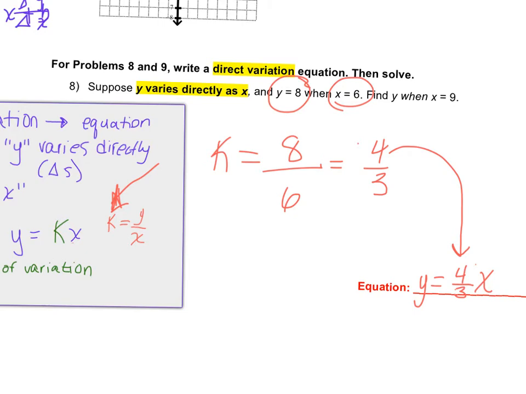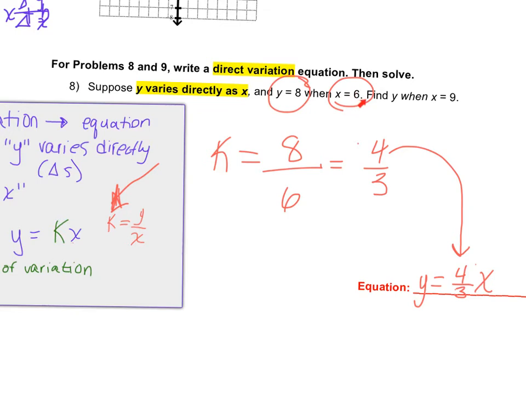They told me when y is 8, x is 6. So if y is 8 and x is 6, and k is y divided by x, then k is going to be y, which is 8, divided by x, which is 6, simplifies to 4/3. That means that k is 4/3, so my equation is y equals 4/3 x.